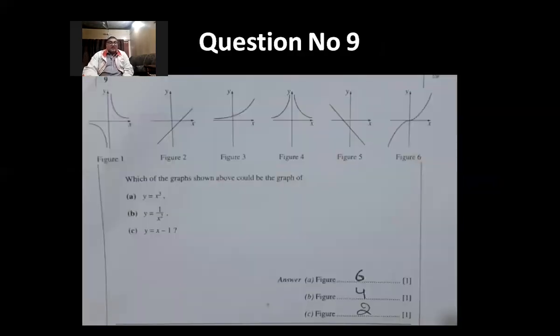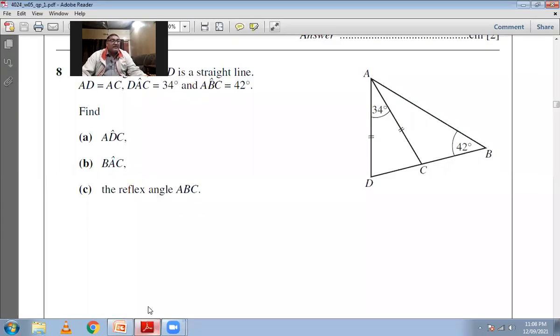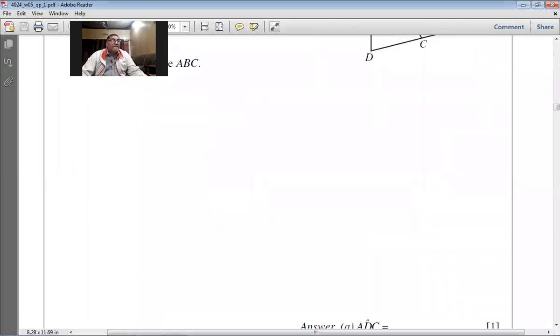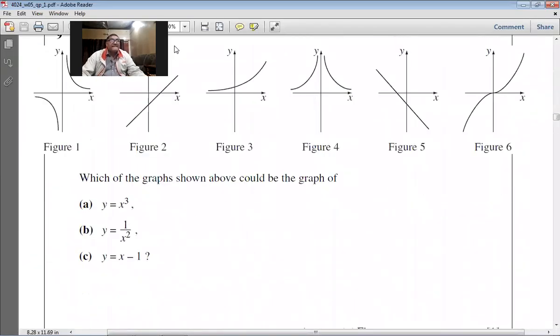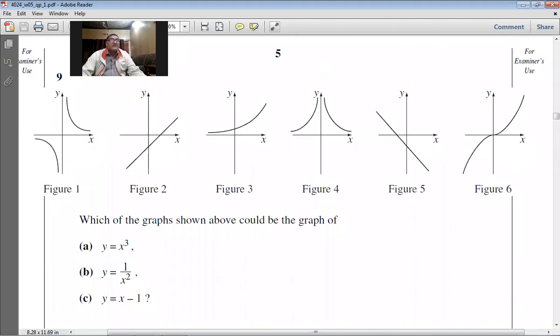Okay, so we are going to the next question, question number 9. It says, which of the graphs shown above could be the graph of y equals x cubed. Just try to understand what I'm saying.